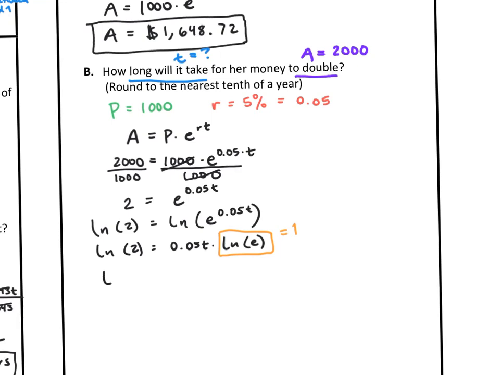So ln of 2 equals 0.05t, since 1 times 0.05t is 0.05t. And then to get rid of the 0.05, we divide both sides by 0.05. 0.05 and 0.05 will cancel there.